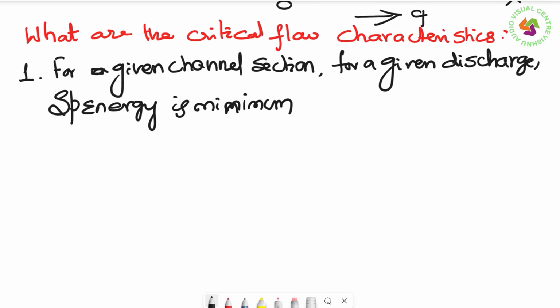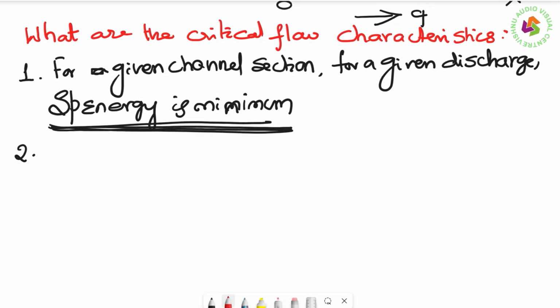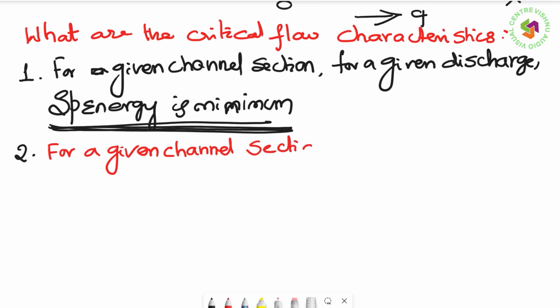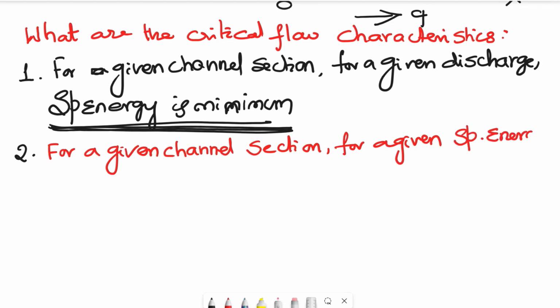If I go for the second condition, again for a given channel section, for a given specific energy, discharge is maximum.